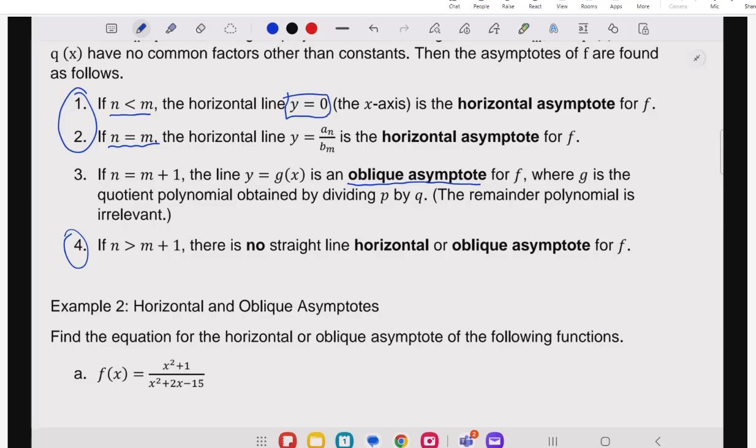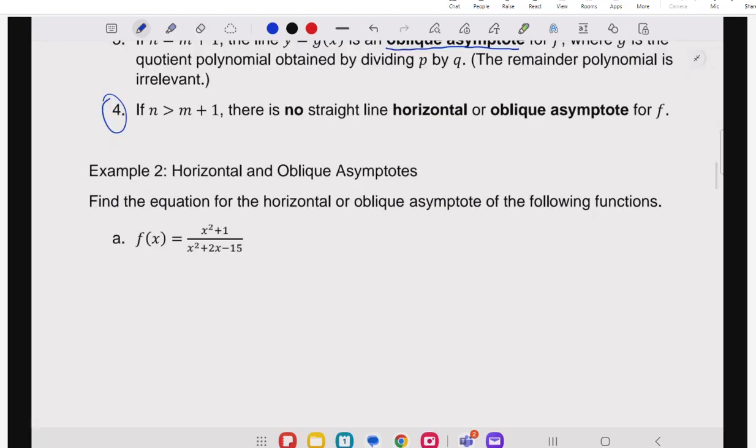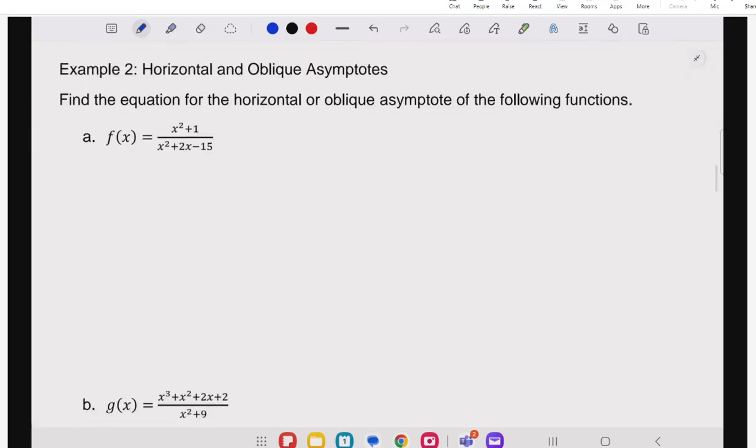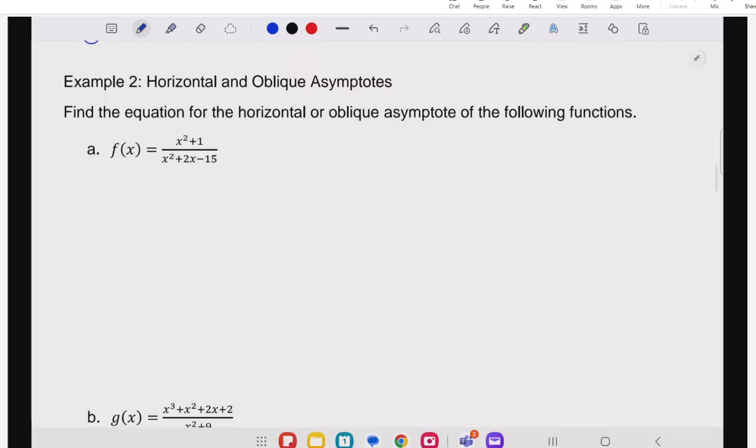All right, let's find some horizontal asymptotes. So looking at f of x, I see that the degree of the top is the same as the degree of the bottom. The numerator does not factor, so I know that it's not going to reduce.